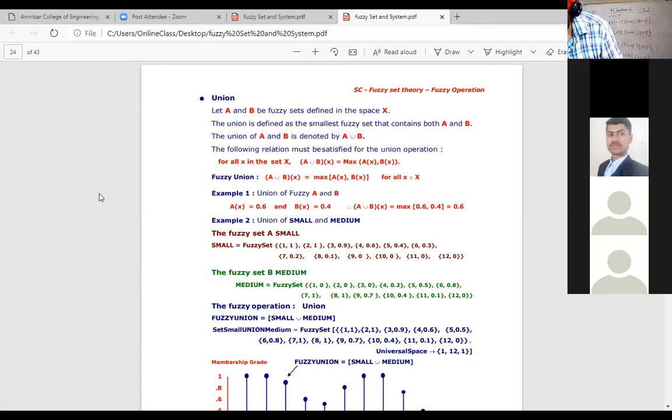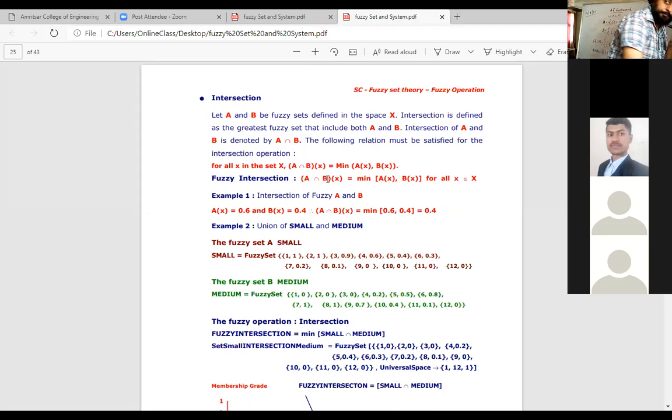This is a very important formula: A union B of x, where x is the degree of membership, is the maximum of the membership of A and the membership of B. Whatever membership is maximum, we take into account. In intersection, the same formula is there, but it is the minimum. You take into account the minimum among the two memberships, A of x and B of x.